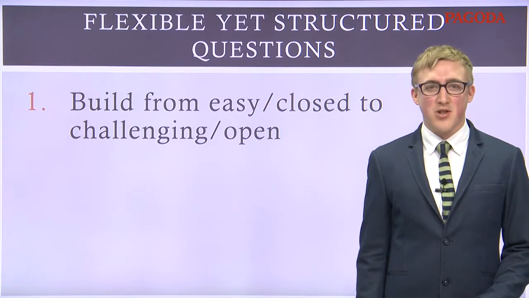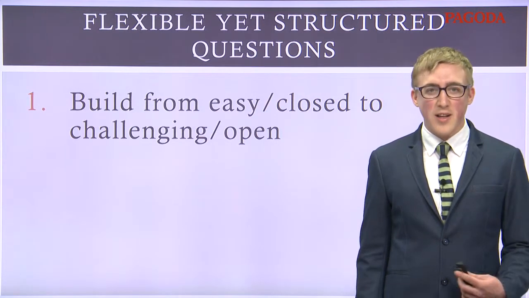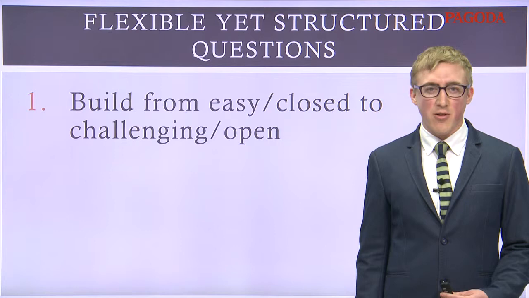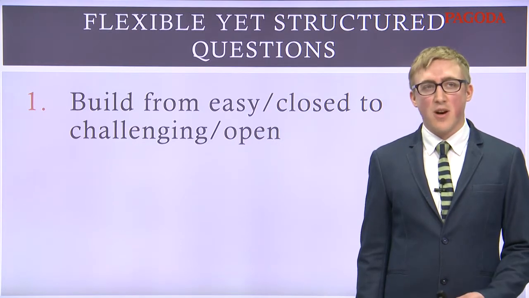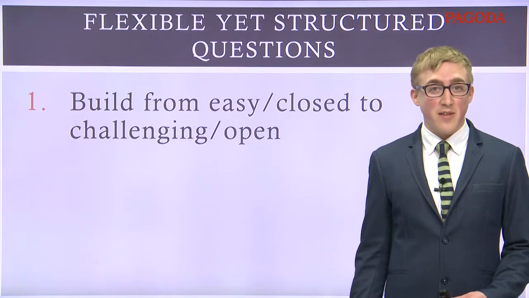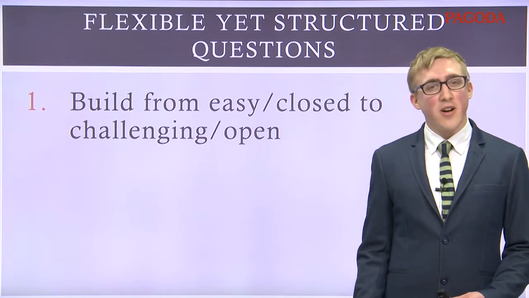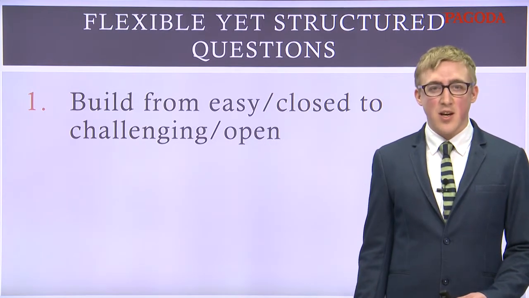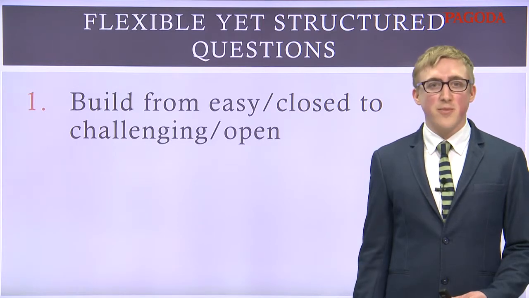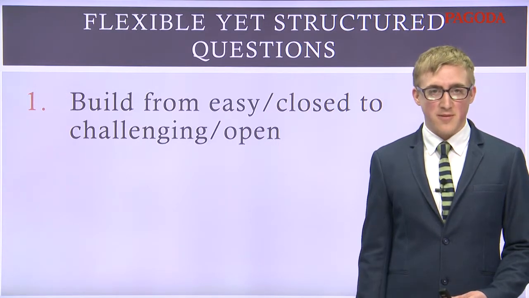The goal here should be to try to get the best quality language that you can out of them. So for example, on the topic of family, maybe you could ask first, do you have a big family? Then move on to something a little bit more complex, like which family member are you more similar to? And then finally, something much more complex, like tell me about the personality of one of your family members.